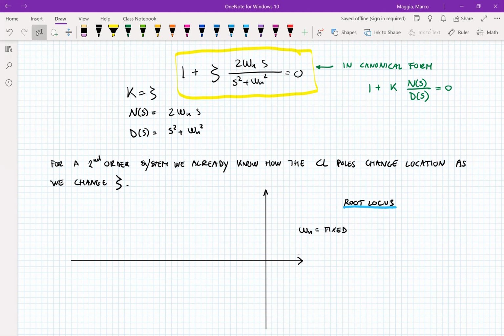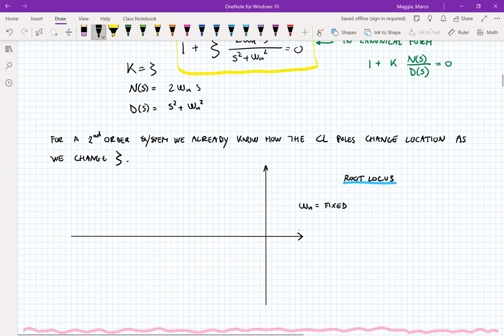So in this case, we have that omega n is fixed, and we're changing zeta, but we already know all the possible solutions. We know where the poles are going to be if we just modify zeta.